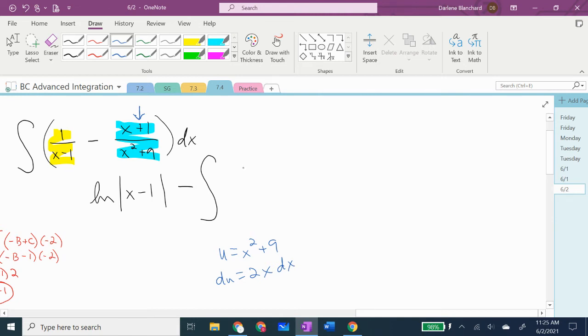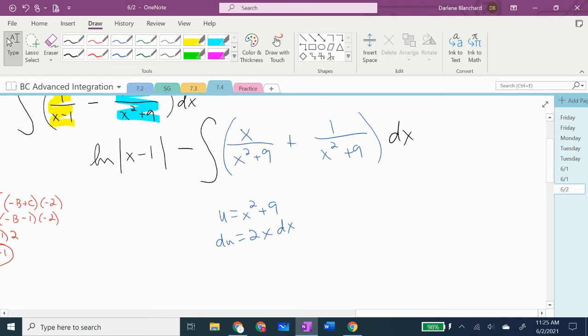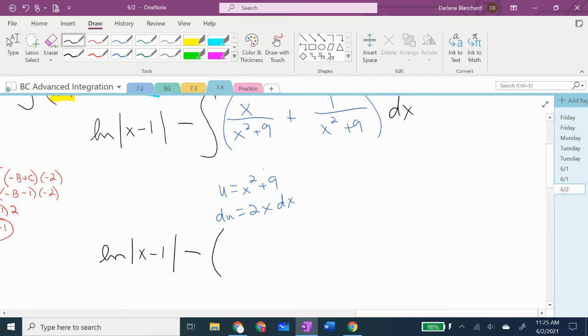Now I'm going to integrate x over x squared plus 9 plus 1 over x squared plus 9. And I'm going to go back to the fact that I started off with: I've got the natural log of absolute x minus 1 minus, and now if I do a u substitution, I get an extra 1/2 due to my u substitution.